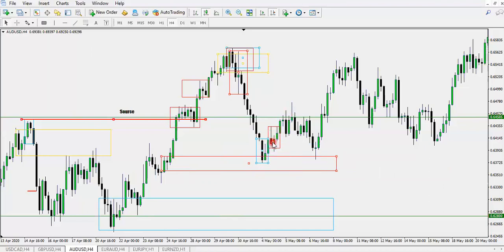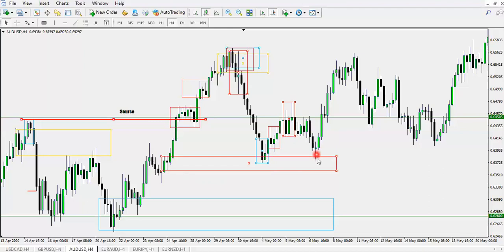And we then have a bullish order block created over here. Okay, so when this bullish order block was created, price then rallied back up. And you can see another bullish order block was created.